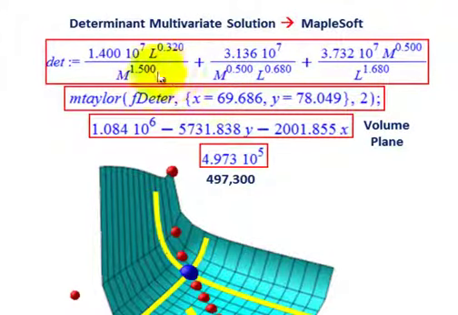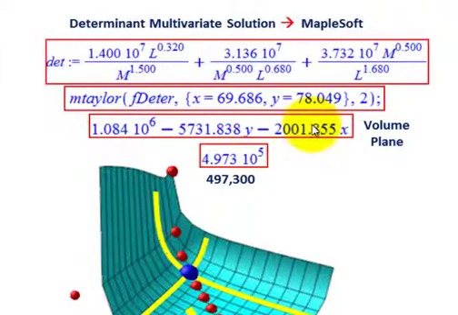Okay, so when I do my Taylor expansion or Taylor series on this determinant multivariable solution, I'm going to come up with a volume plane essentially. I'm going to have some quantity, and then it shows a negative amount of a certain quantity times y, which is really my labor, minus a certain quantity times x, which is my material.